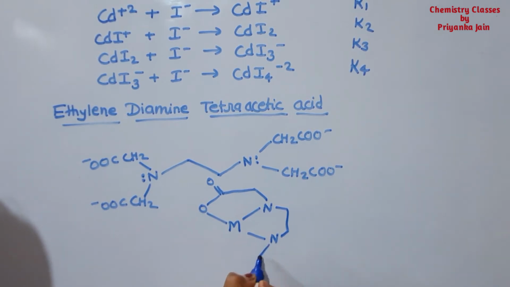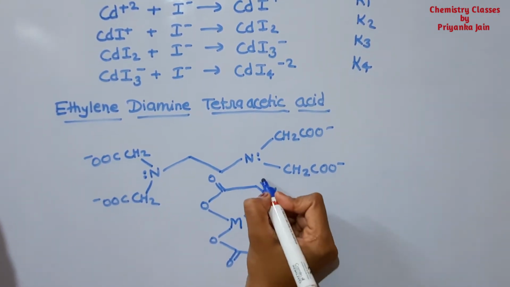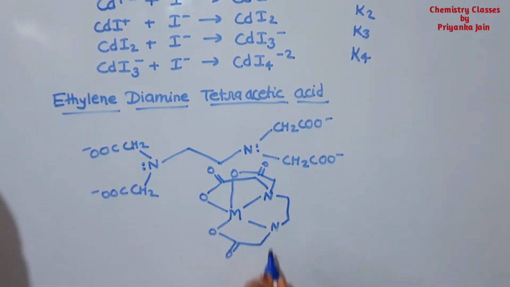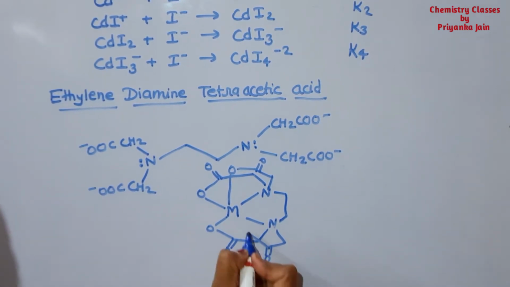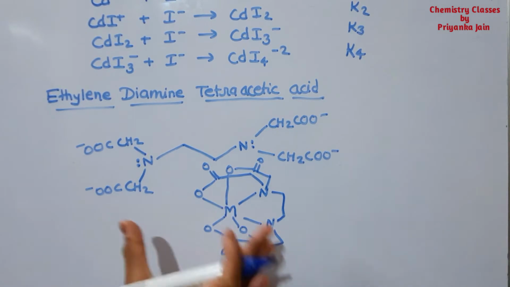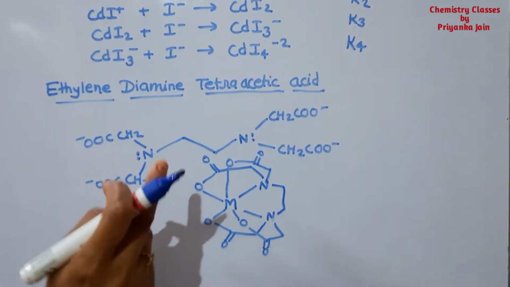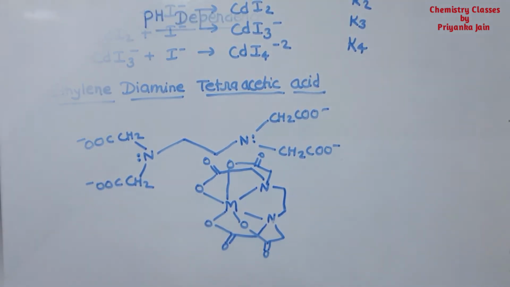Similarly from here this is CH2, C double bond O, and this oxygen can bind here. Similarly here is CH2 and then C double bond O, and this is another oxygen that can bind to the metal, and similarly here. So it forms a cage-like structure around the metal from the 6 sides. So it is a polydentate ligand and it can form a 1:1 complex with the metal.